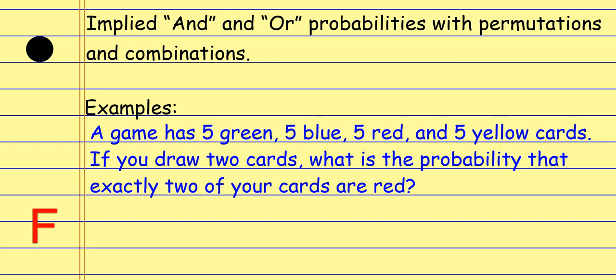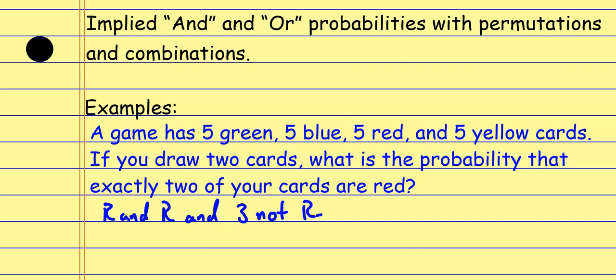If I have 5 cards in my hand and I want exactly 2 red cards, it means I want a red card and another red card. Sorry, I should literally write the word "and" here. And I want 3 more cards, but those cards can't be red. So I want 3 more cards that are not red.